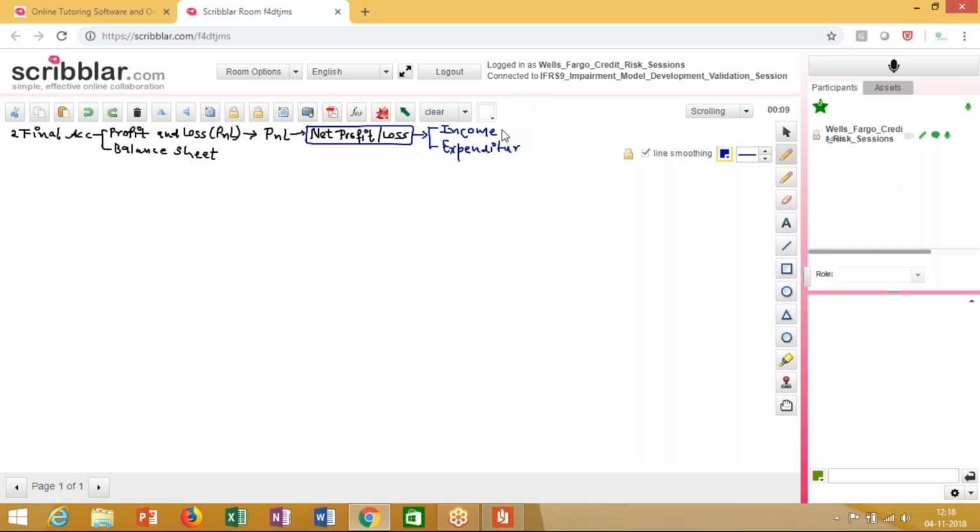So over here, when I talk about income, what is income? Any income which the bank earns. The income can comprise both interest income plus non-interest income.